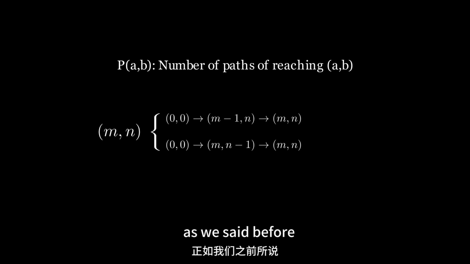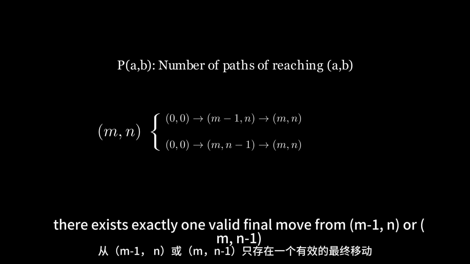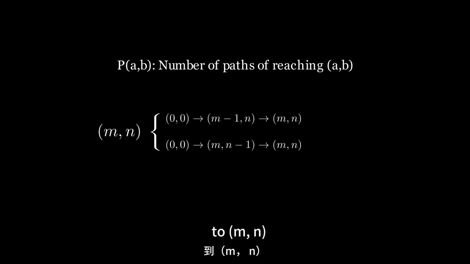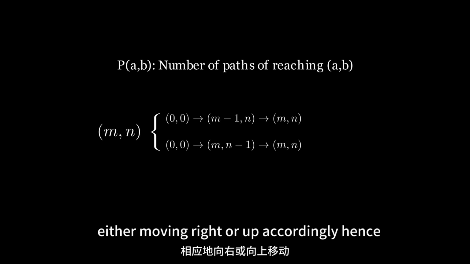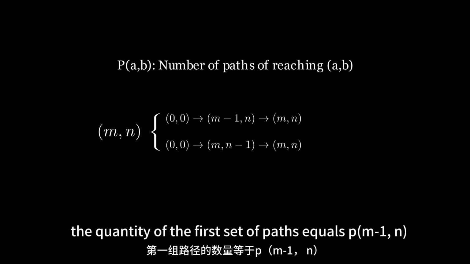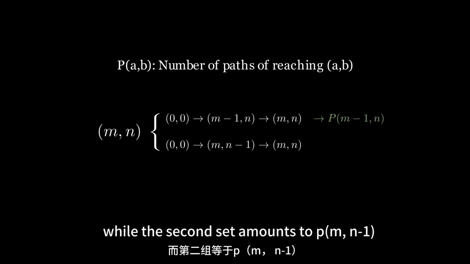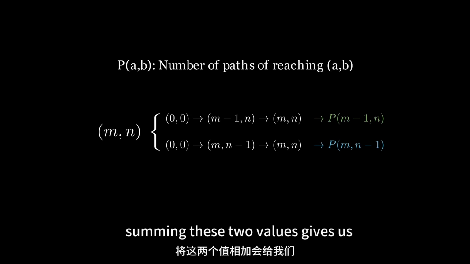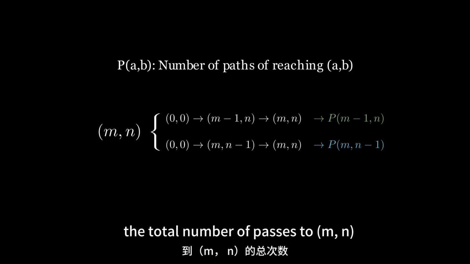As we said before, there exists exactly one valid final move from (m-1, n) or (m, n-1) to (m, n), either moving right or up accordingly. Hence, the quantity of the first set of paths equals P(m-1, n), while the second set amounts to P(m, n-1). Summing these 2 values gives us the total number of paths to (m, n).